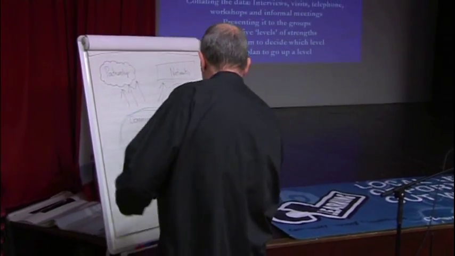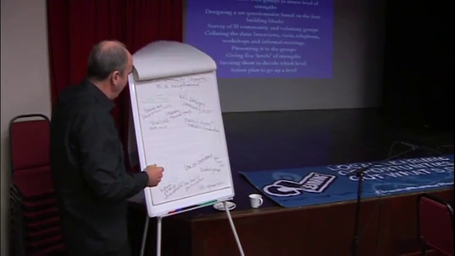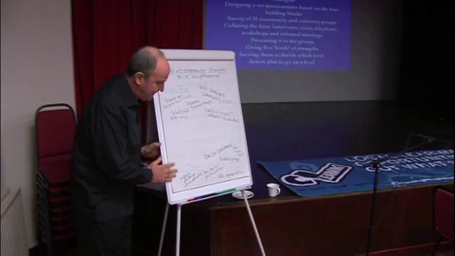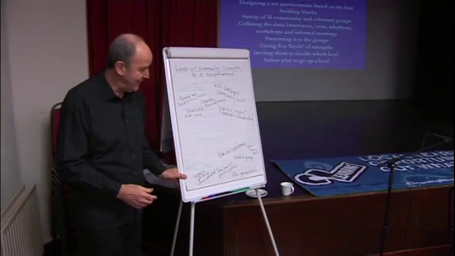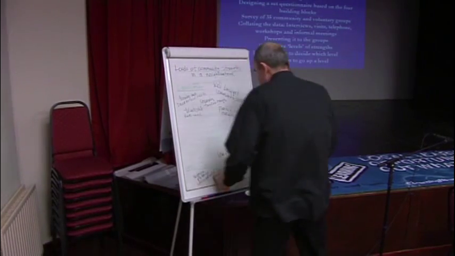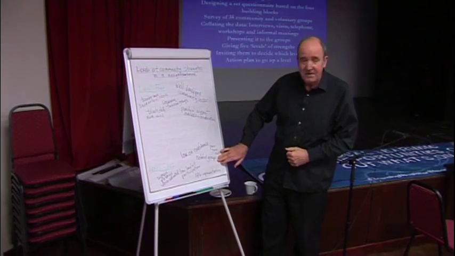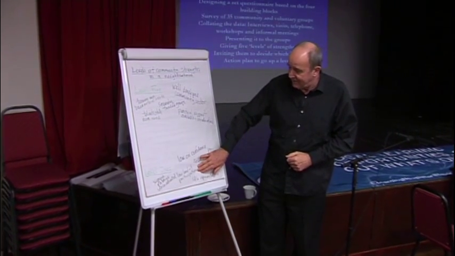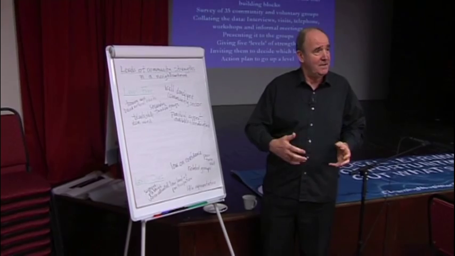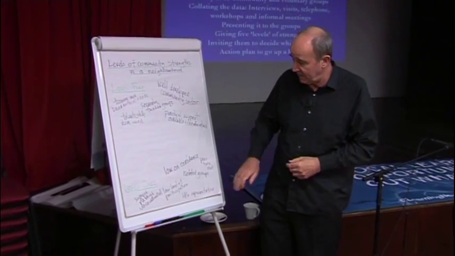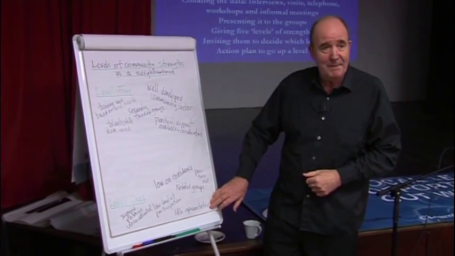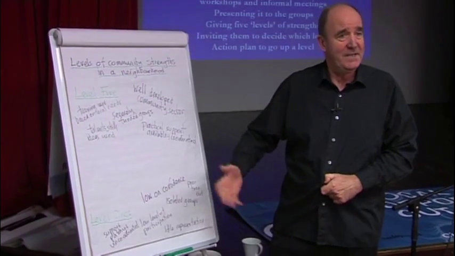I'll just tell you briefly about the levels. It's on one of these here. Level 1 was the least level of community organisation. Level 1 would be low on confidence, groups quite isolated, low level of participation in terms of coming to consultation meetings and so on, little formal representation on committees or partnerships.